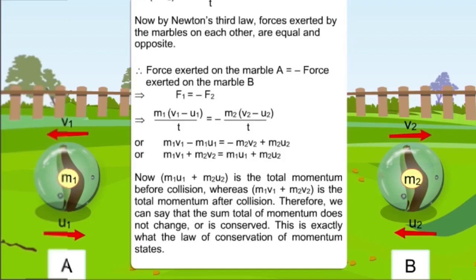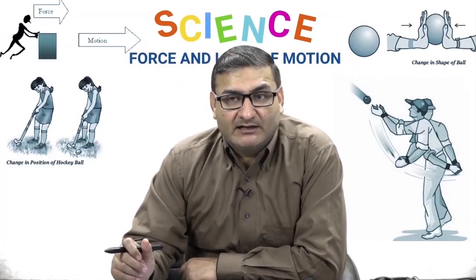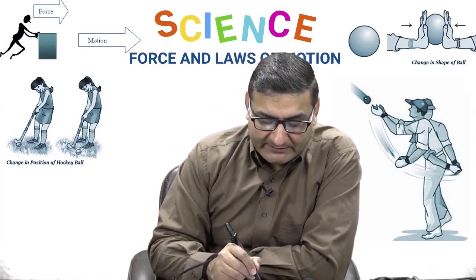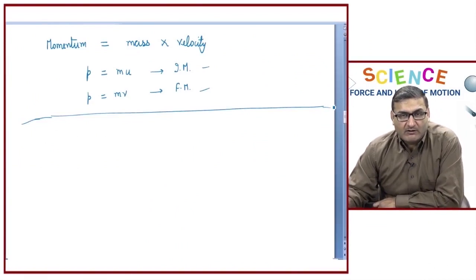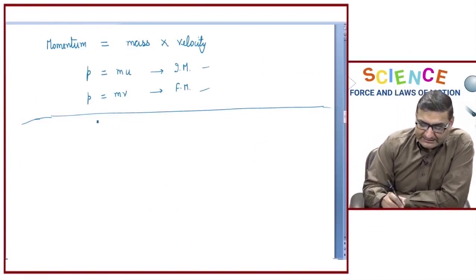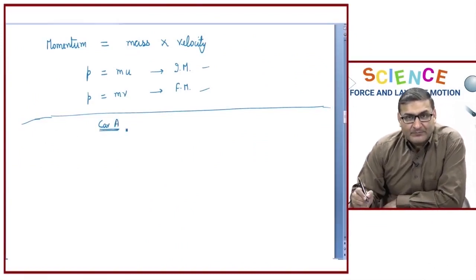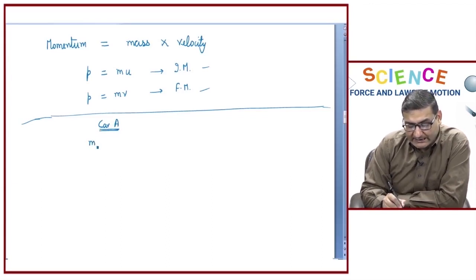So I hope you must have enjoyed this beautiful video animated activity and you must have understood. Try to relate it once again. Let us take another example, not of the balls, but of two cars. Let us say that there is a car A. The mass of this car A is represented as m1.